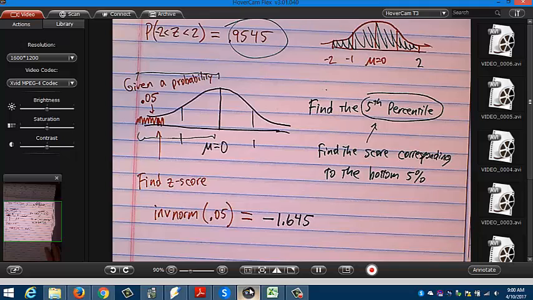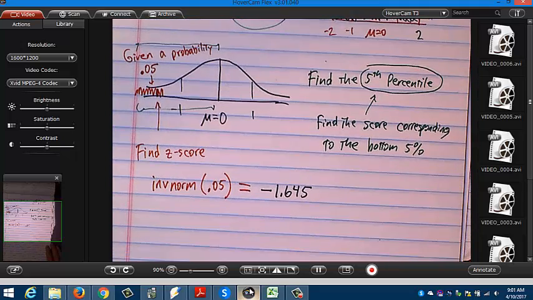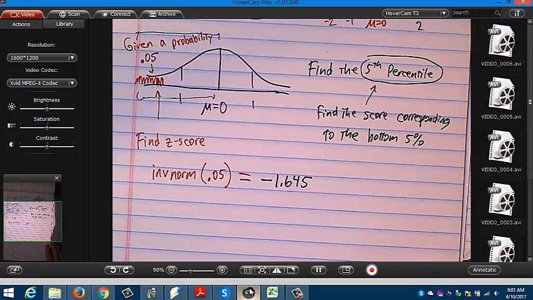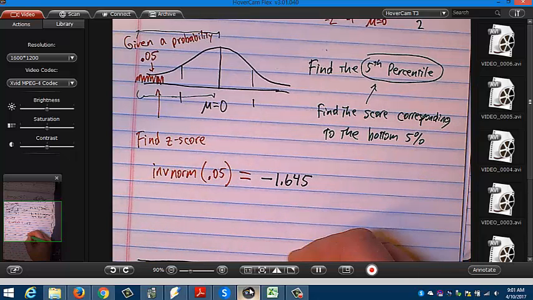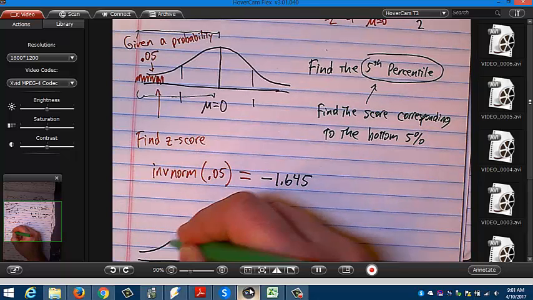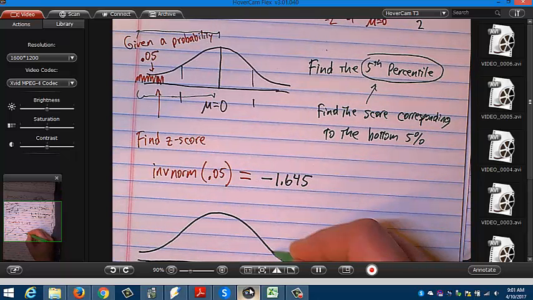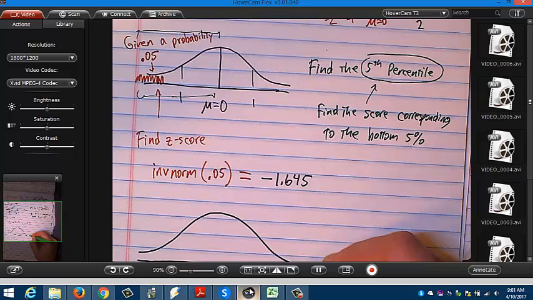I'm going to have you guys try a problem here in a moment. Let me draw a picture and have you guys do it. Here's my picture.